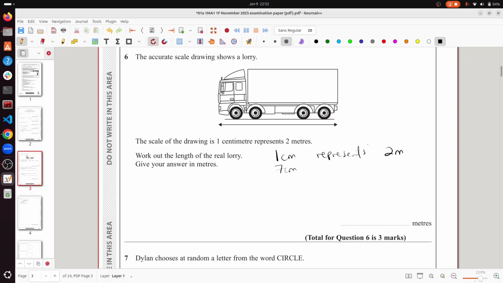And so if 1 cm represents 2 meters, that means 7 cm. From 1 to 7, I've multiplied by 7, and on this side I need to also multiply by 7, and that gives me 14 meters. Always remember to put your answer in this area.